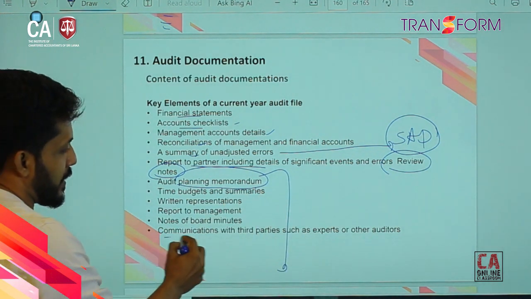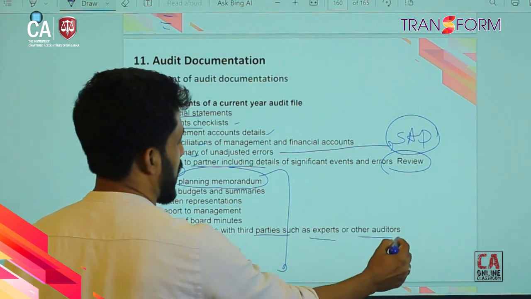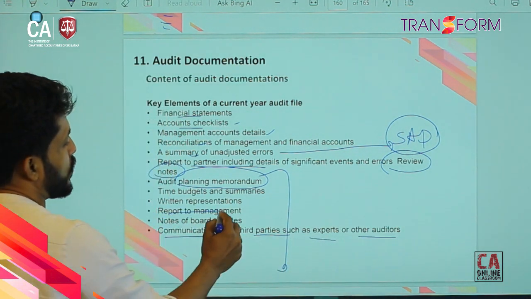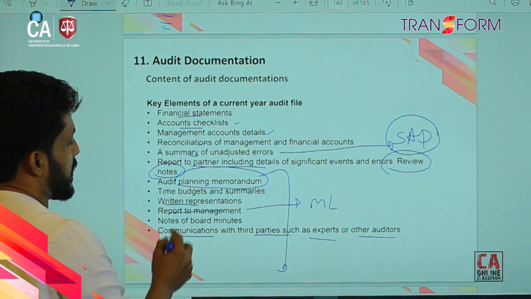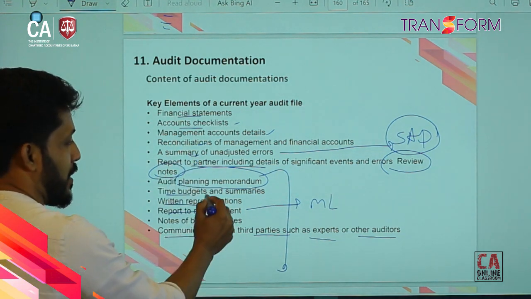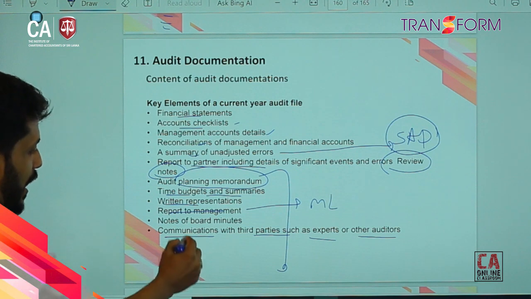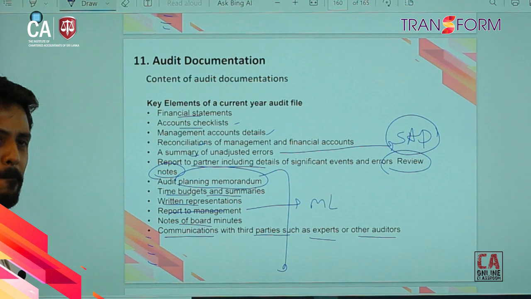And then critical communication with third parties, experts and other auditors, and report to the management, management letter, ML, written representation, whatever the time budgets and related invoices, and board minutes, and some other details we can add here.